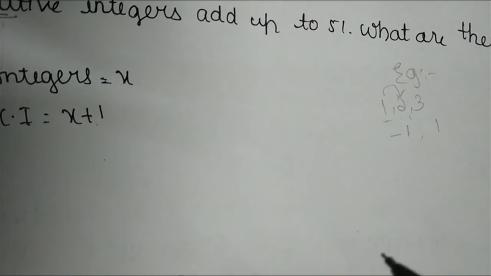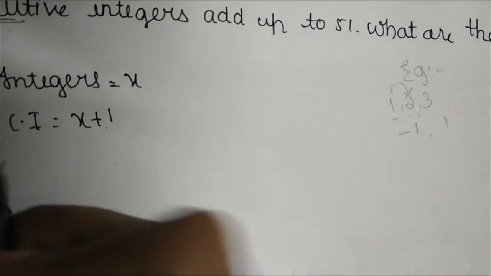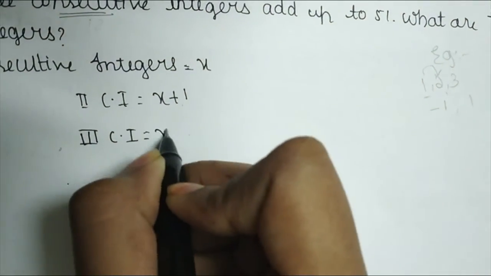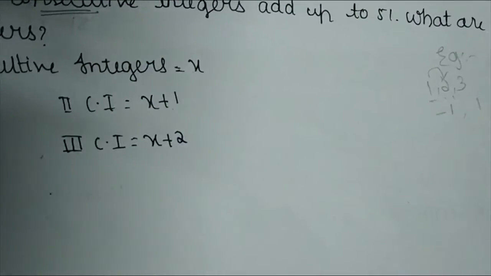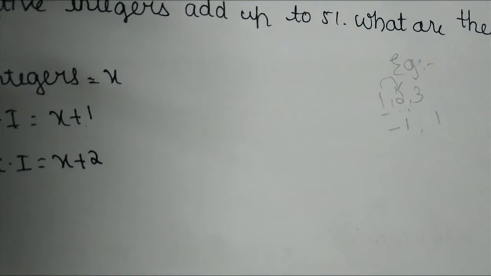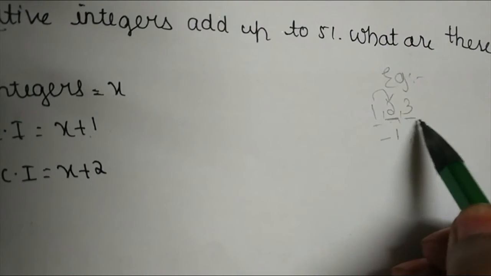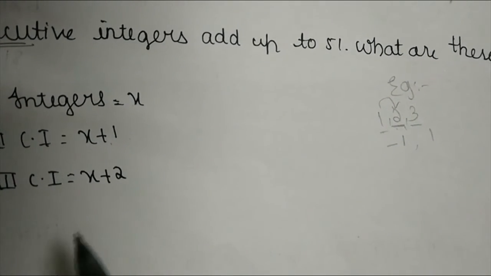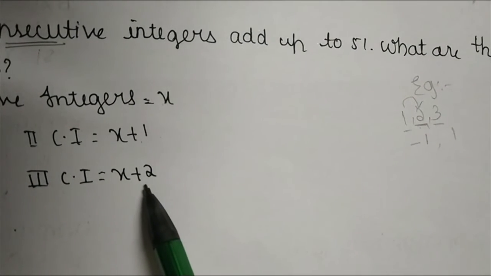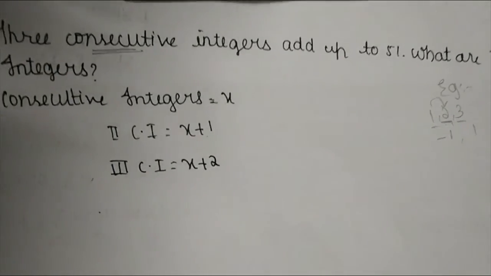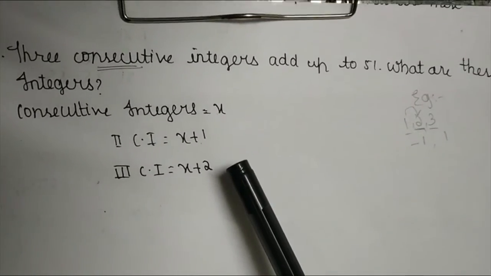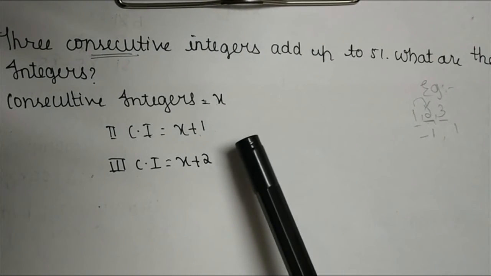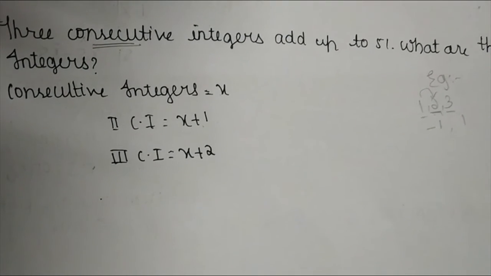Now let's take the third consecutive integer as x plus 2. After 2 the value changes, it will be more than the one before. That's why I kept x plus 2. So we are considering the 3 consecutive integers as x, x plus 1 and x plus 2.